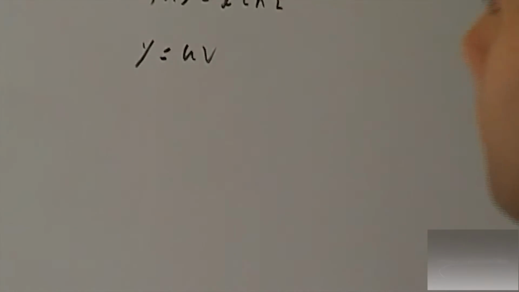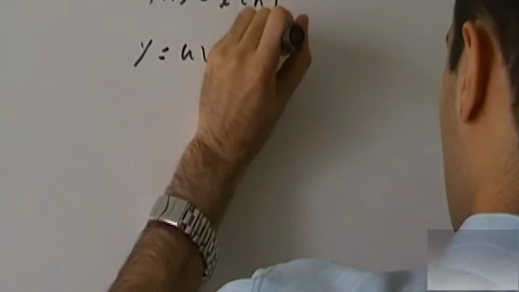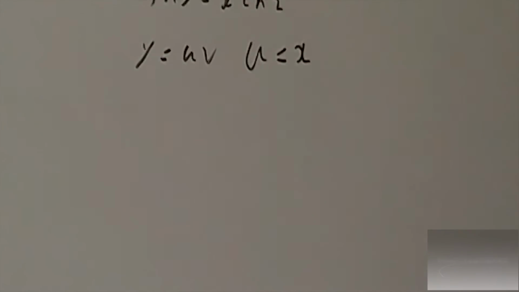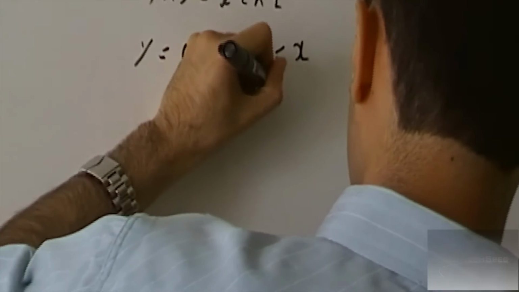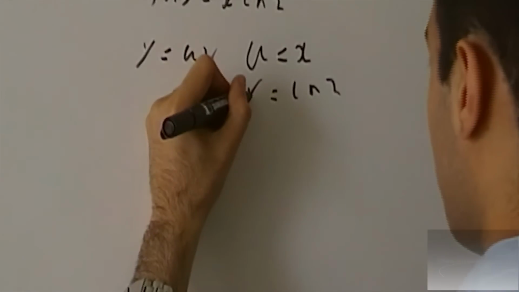So now the question is, what's u and what's v? Well, in this case we could say that u is equal to x, and v is equal to ln 2.